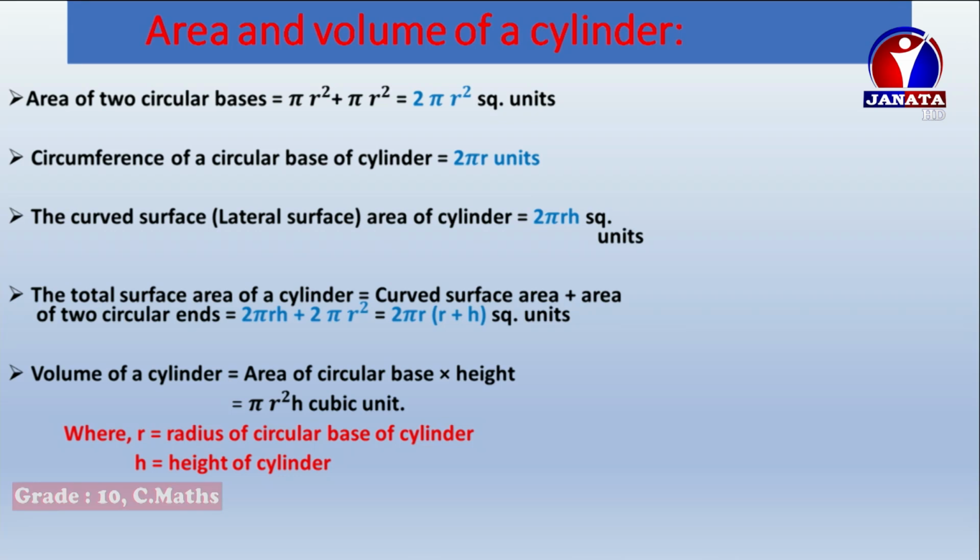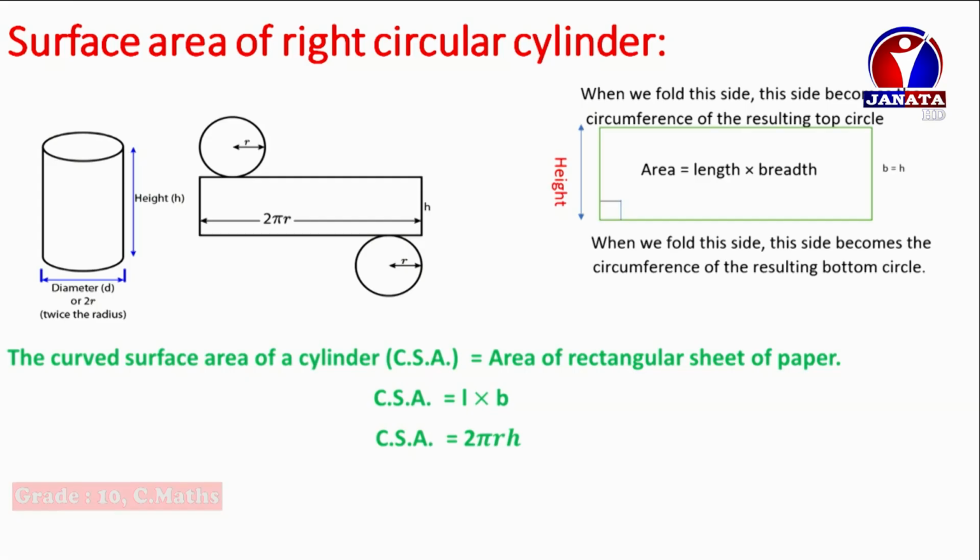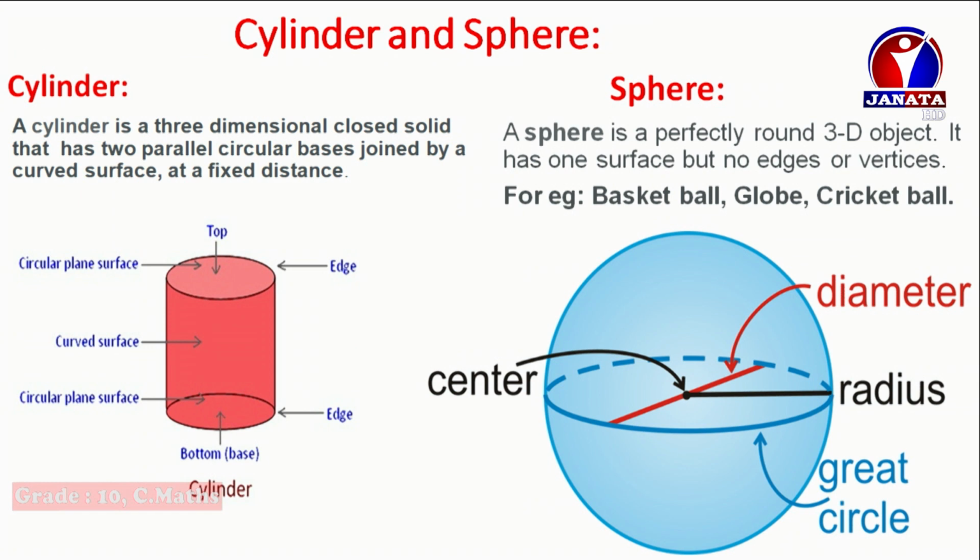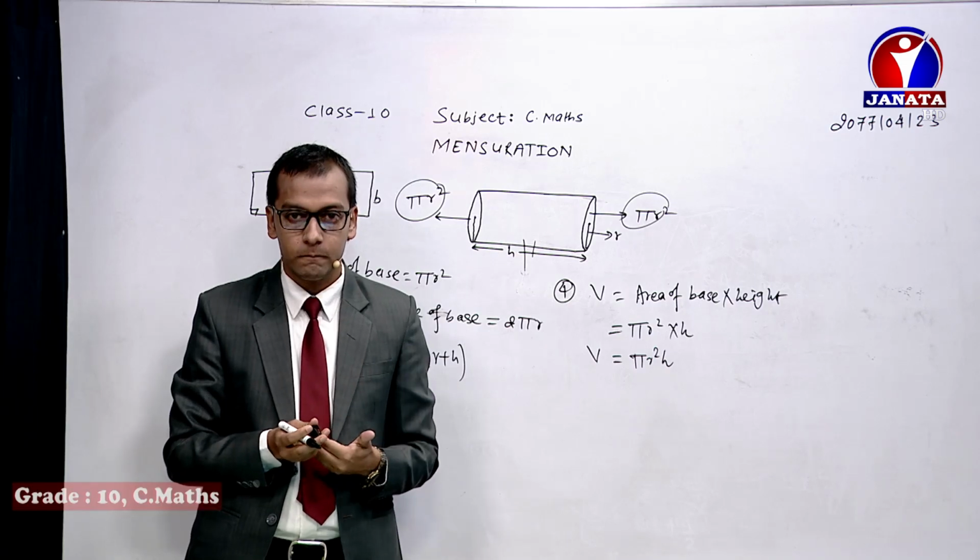I am repeating: a cylinder has one curved surface and two circular faces. So there are total 3 faces in a cylinder, but 2 different kinds: one is the curved surface and the other is the circular faces, or plane surfaces.